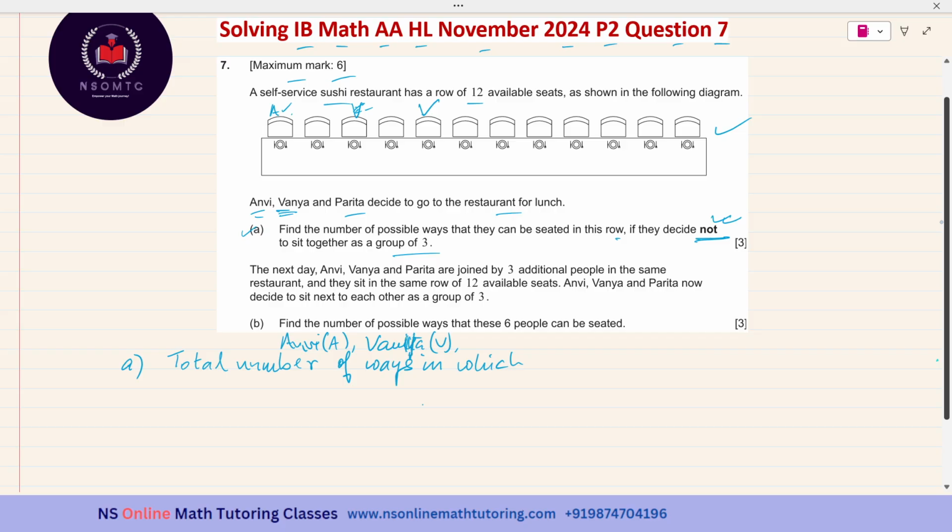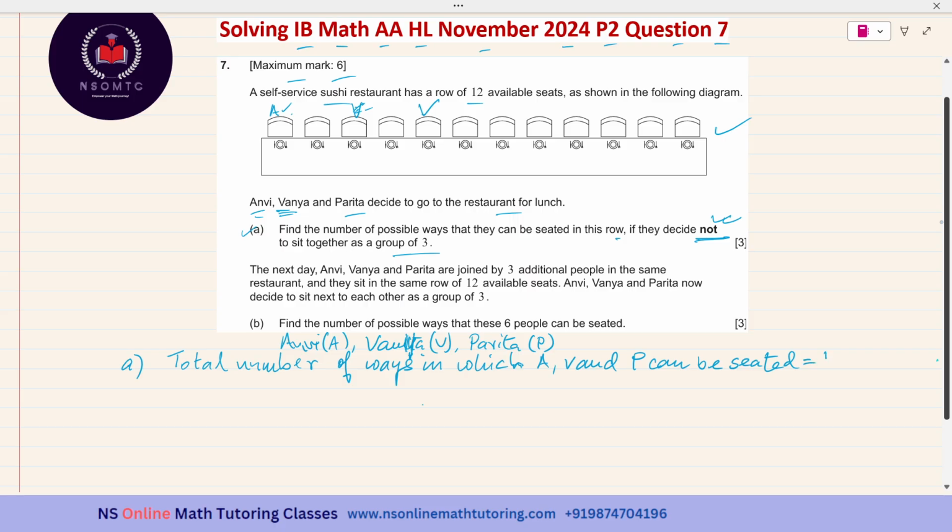It is Vanya V and Parita P, in which A, V, and P can be seated will be equal to, there are 12 seats.